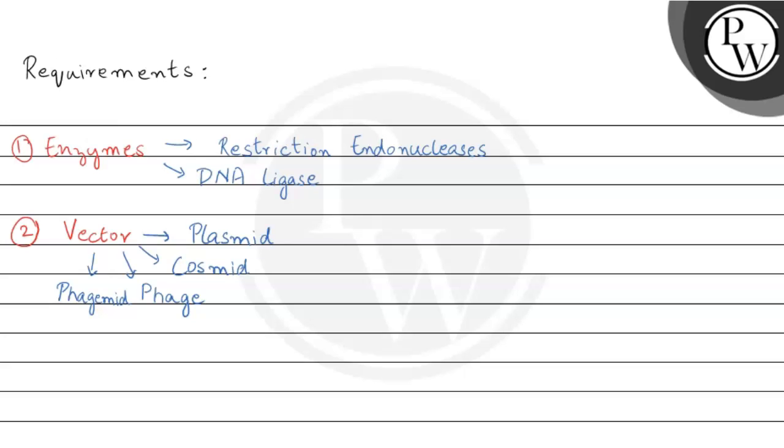Now if we come back to our options, firstly, plastid is an organelle which is present in plants. In plant cells, the plastids are organelles which have the chloroplast present in them, which is responsible for the process of photosynthesis. The second option is plasmid. Plasmid is a vector which is utilized in genetic engineering.